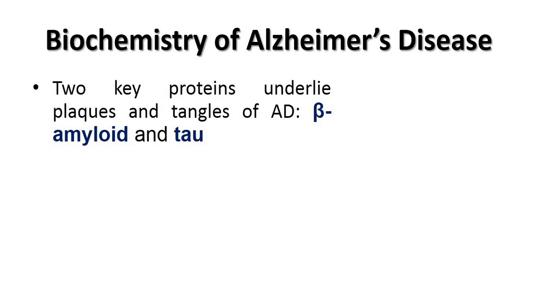Now we come to our topic. Medical biochemistry is the subject's name, and so we study the biochemistry of Alzheimer's disease. What are the biochemical basis of Alzheimer's disease? There are two key proteins, MCQ exam, which are the two key proteins which underlie plaques and tangles of Alzheimer's disease, and the two proteins are beta amyloid, one protein, and another protein is tau protein.